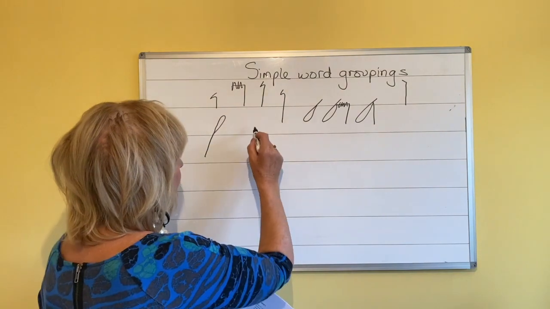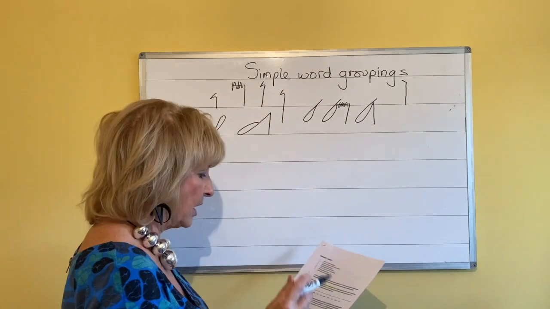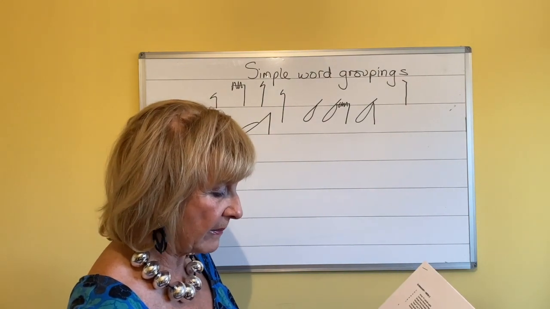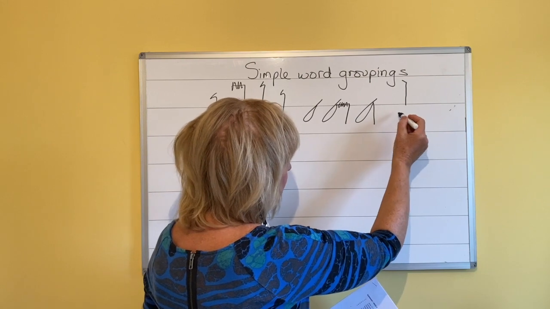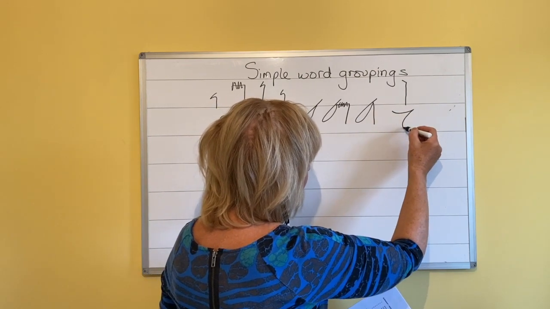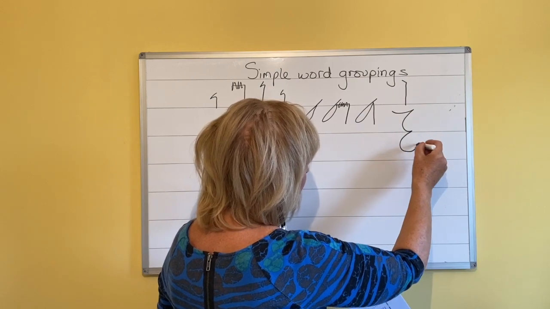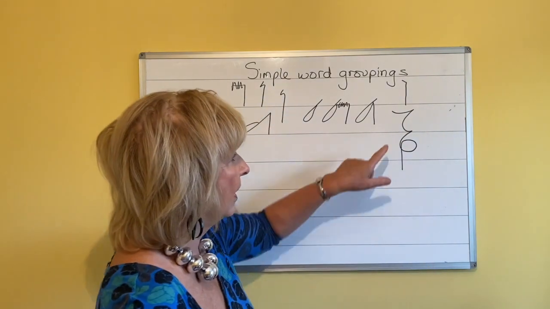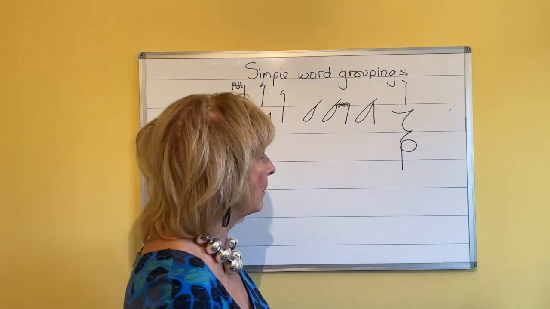For there is next. We looked at for last time, FR blend, and then the H for the. I showed you that last time, so hopefully you've remembered it. Will be the. I'm going towards the end of the line so it's clear. So you've got WL for will, lazy teenager goes upstairs. Now we could do this, be the, will be the. But when we group words together, we usually lose something from the grouping.